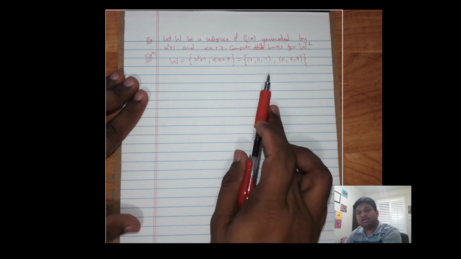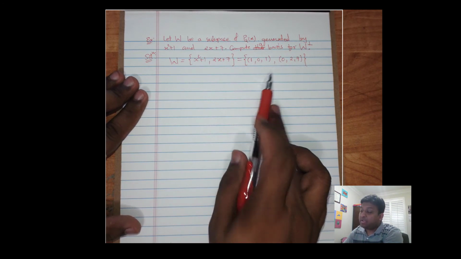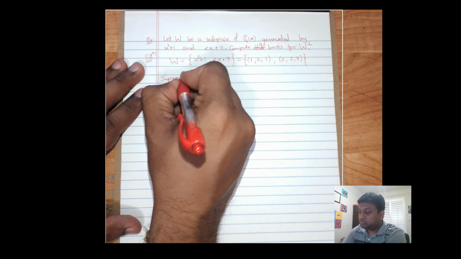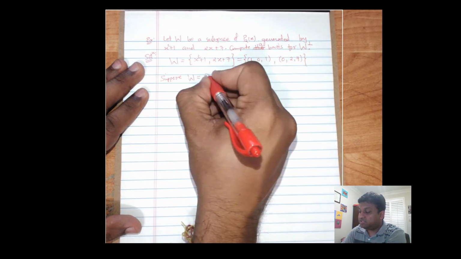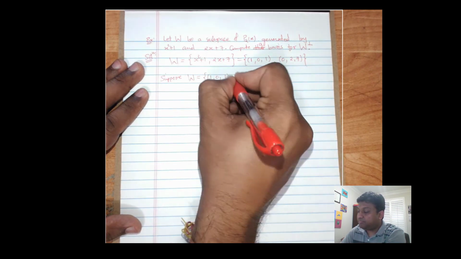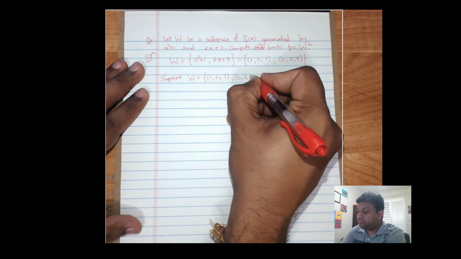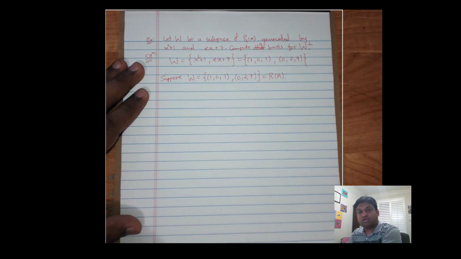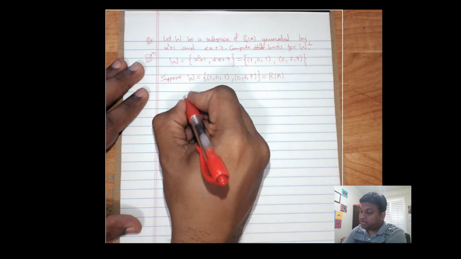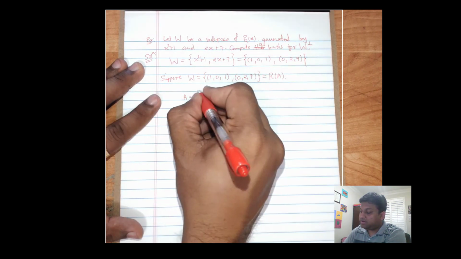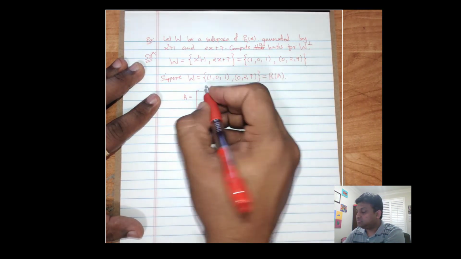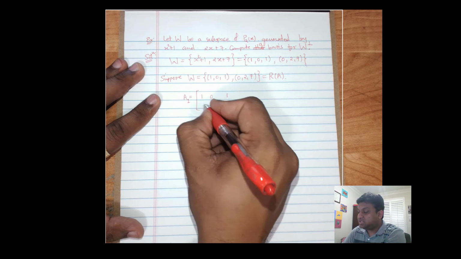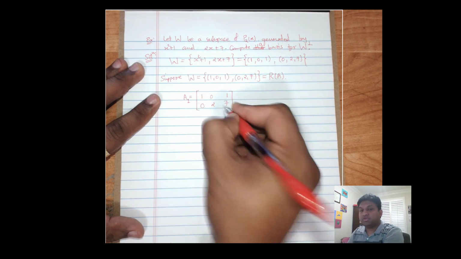In fact, this example is simpler than the previous example. Let's suppose W, which is 1, 0, 1 and 0, 2, 7, forms a basis for the row space of A. I'm going to formulate this matrix, let's say A1, with these two rows 1 0 1, 0 2 7.